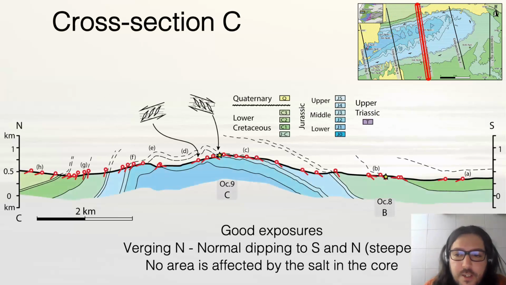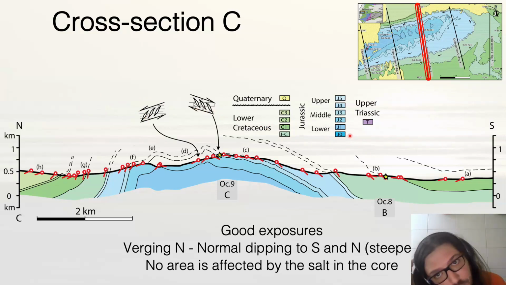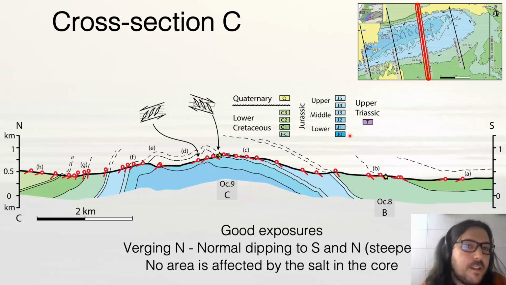This is another cross-section that is located farther to the east, again around 4 kilometers away from the previous section. What we can see is a northwest sloping anticline with a steep northern flank and a gentler southern flank. There aren't many great exposures of rocks in this area, but we can still observe differences in thicknesses in the JC formation.